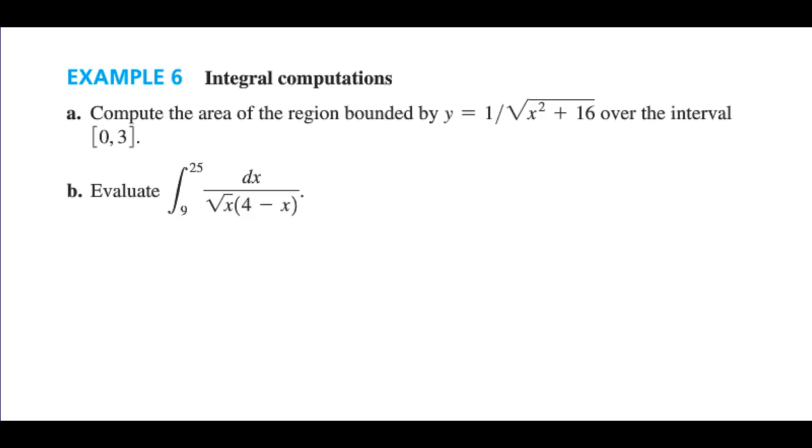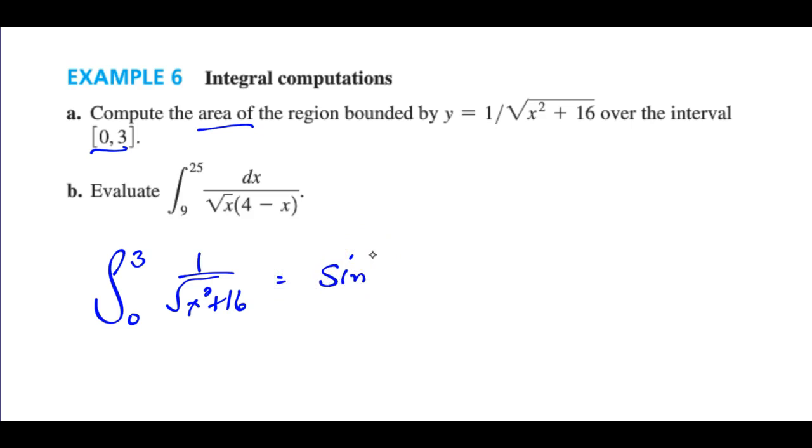The last example that I'll do with you, because the video is getting a little bit long, is finding the area underneath the curve. Well, of course, that means integrate. So I'm going to integrate between 0 and 3 of 1 over, and that looks to me like this hyperbolic inverse.